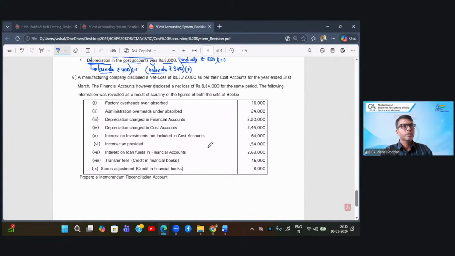Whatever is the difference, it has to go to under or over absorption if it is not already there. There is a possibility that in the question under or over absorption is already there, and then again you are having a balance. Then that balance will be outstanding or prepaid. But if there is no under or over absorption given in the sum, then students, you should take the difference in the overheads account as under or over absorption only. Correct?